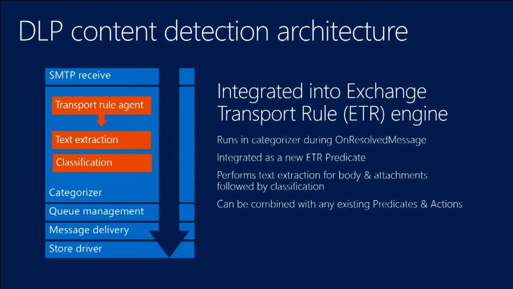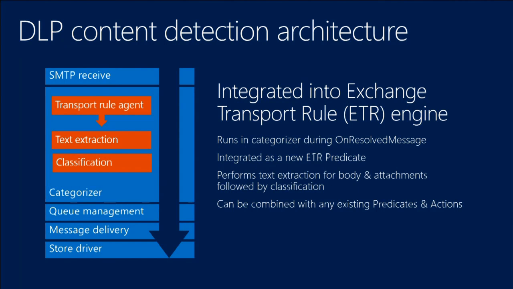The final bullet on this screen is also very important. The fact that this is integrated into Exchange Transport Rules, which have been around for many versions, means that it's a very mature and robust configurable technology. There are about 50 predicates or so, and a couple dozen actions that you can take.